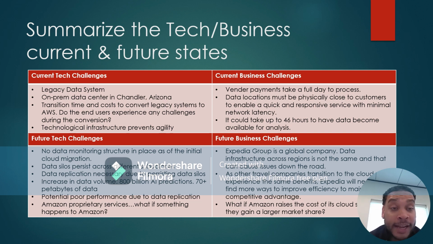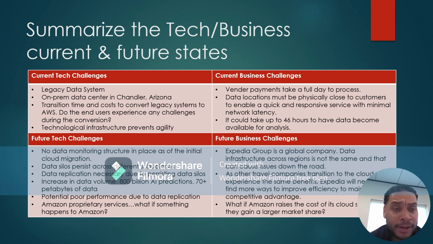Again, there were data silos that persisted across different subsidiaries in the company. And also because they had these data silos, there was a need for data replication. And that data replication, when you're dealing with terabytes of data, actually increases the amount of data to upwards of 70 petabytes. That's just going to be a lot of data to process.